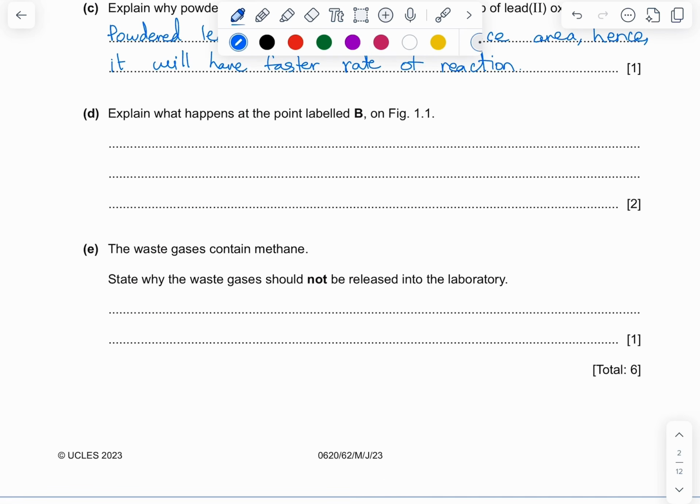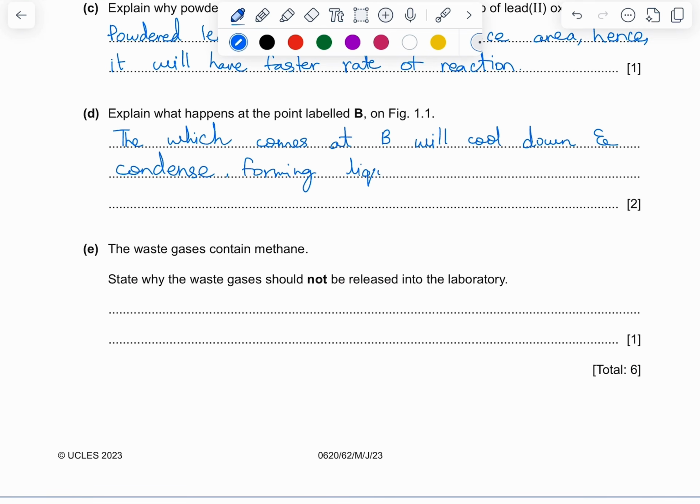So we will say that the steam which comes at B will cool down and condense, forming liquid water.